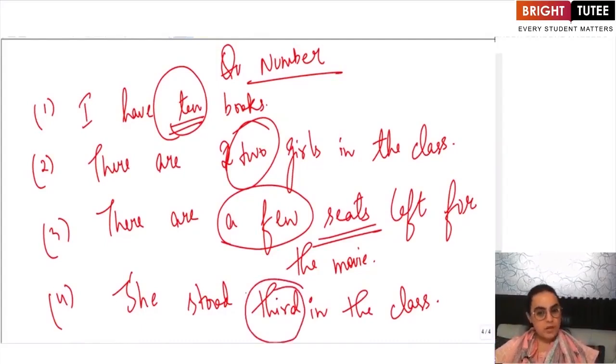Third. So these words, which have a number, 10, 20, 30, 40, or which have an order, first, second, fourth, fifth, 10th, or words like few, a few, the few, many, several, these are used before nouns as adjectives of number, because they always represent something countable.